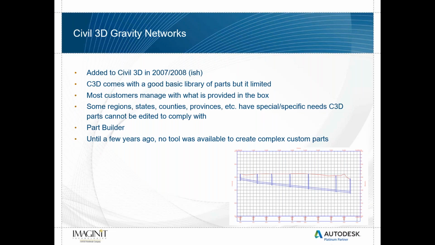I say ish because quite honestly, I didn't go look it up and try to trace it that far back, but that just feels about right. And they came with a good, basic library of parts: square, rectangular, conical, eccentric, tiered, etc. And that's really to this day what a lot of people use.